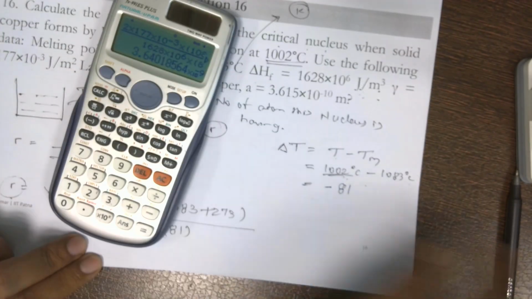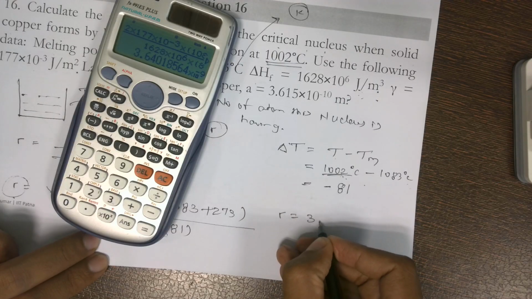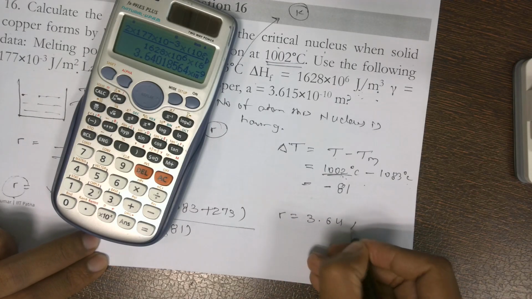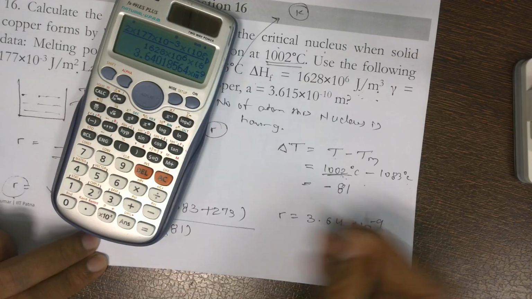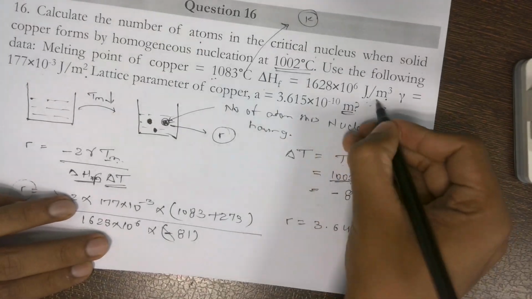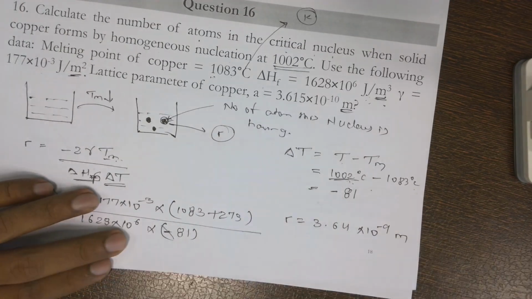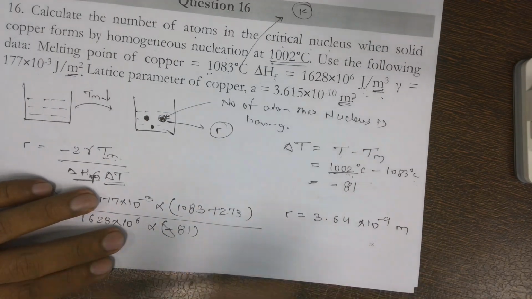So what I have got, the radius formed will be 3.64 times 10 to the power of minus 9. What will be the unit? All were in meter square, meter cube, meter square. So what we will get? It's in meters. So we got the radius.